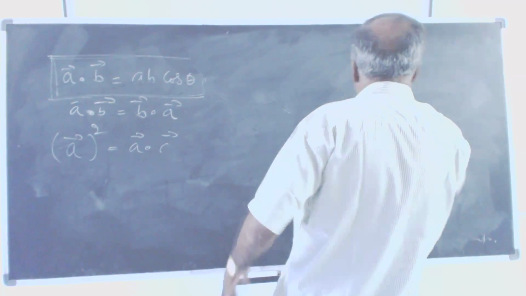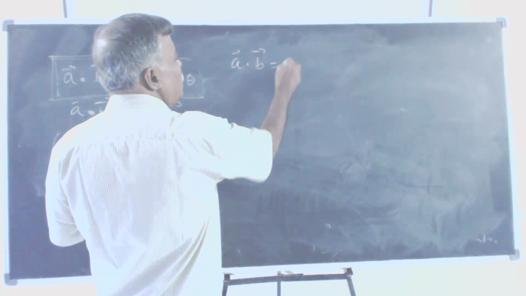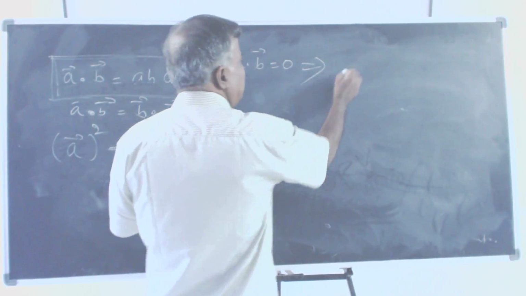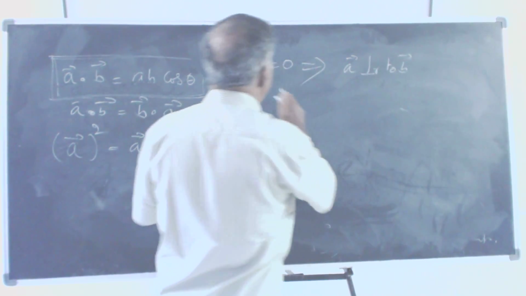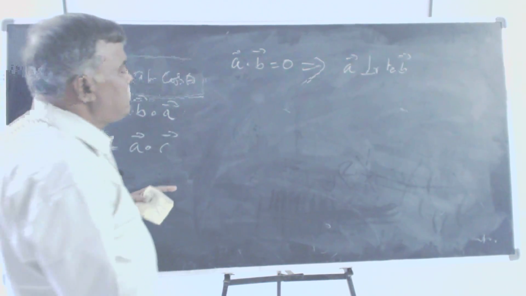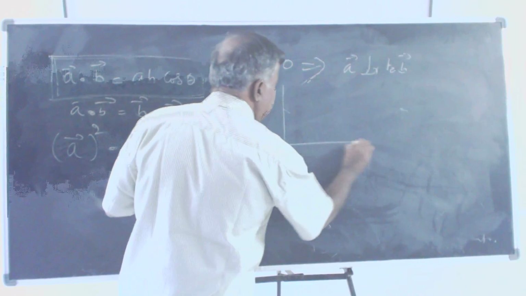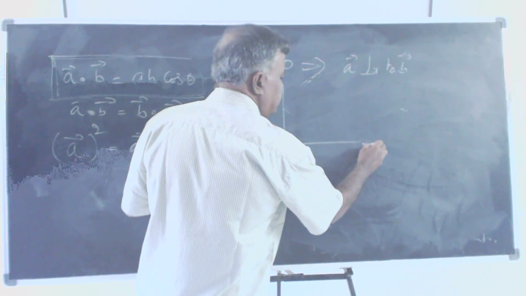Now, as I told you, A dot B equal to 0 implies A vector is perpendicular to B vector. This is only for non-zero vectors. Right. You know this three-dimensional system.